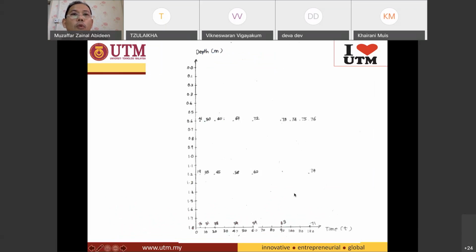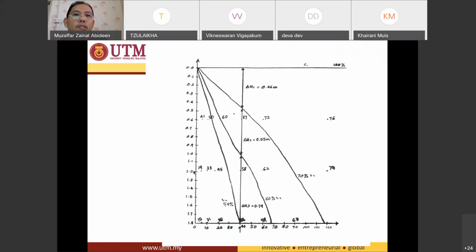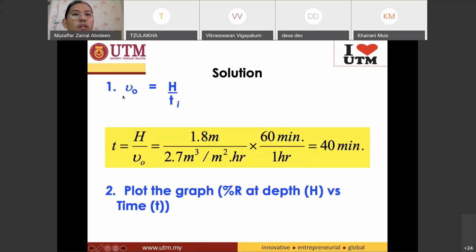So our next step, after we have already drawn our graph, we need to obtain the value for t. So how do we get the value for t? We know that V naught is equal to h divided by t. Our h was the height of the column. If you remember, it was 1.8. From our table, we know it. Then the V naught is given 2.7 meter cube per meter square per hour.